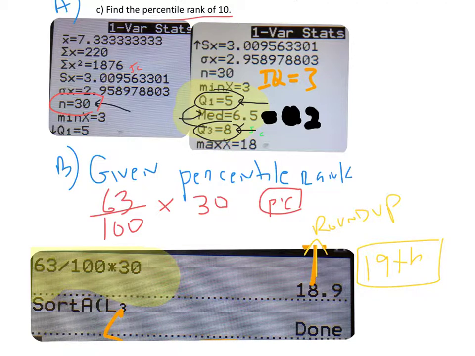So what you need to do is sort the data in order and then go in your list to where the 19th number is. Remember, the way you sort data is you press Stat and option 2, sort in ascending order. So I want you to take a picture of the list on your calculator and have the cursor in the 19th spot.